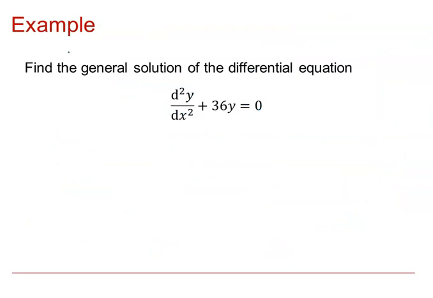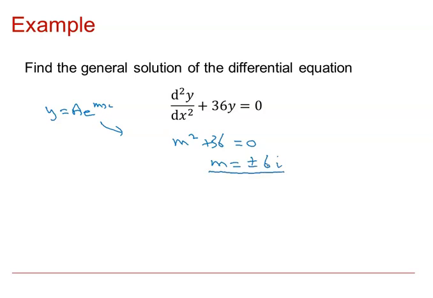So here we have an example. We're going to find the general solution to d2y by dx squared plus 36y equals 0. So here we're trying y equals a e to the mx, and that will lead to an auxiliary equation of the form m squared plus 36 is 0, and therefore m is plus or minus 6i.